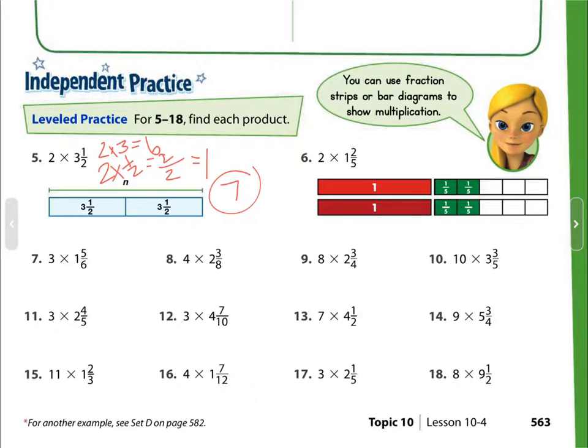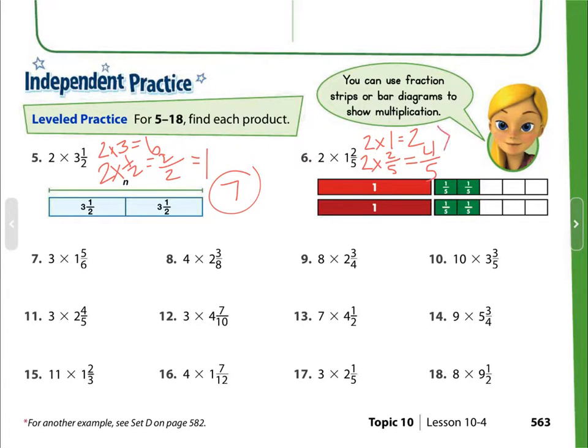And our very last example together, we have 2 times 1 2/5. So I'll do my whole numbers first. 2 times 1 equals 2. Then I'll do my fraction. 2 times 2/5 equals 4/5. Now this is very easy because 2 times 2/5 didn't even give me an improper fraction, so I didn't have to rename my product at all.